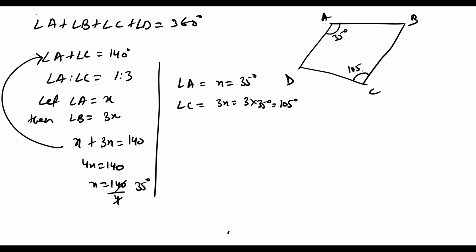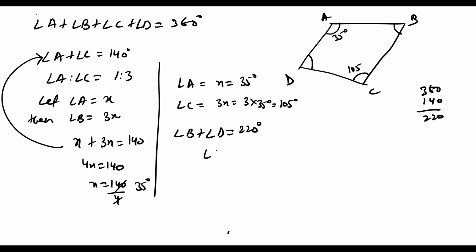You can add these two, you will get 140 degrees. The sum of the remaining two angles is not given to us, but we can calculate it. If the sum of these two is 140, then the sum of the other two will be 360 minus 140, which is 220. Got it? Yes, sir. So angle B plus angle D is equal to 220 degrees.